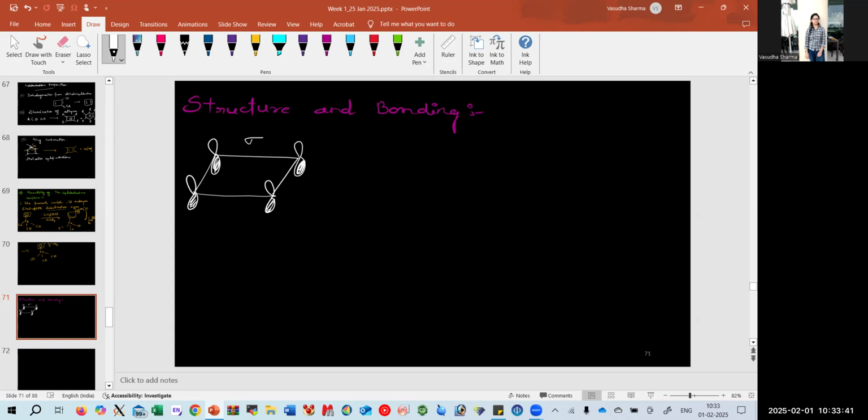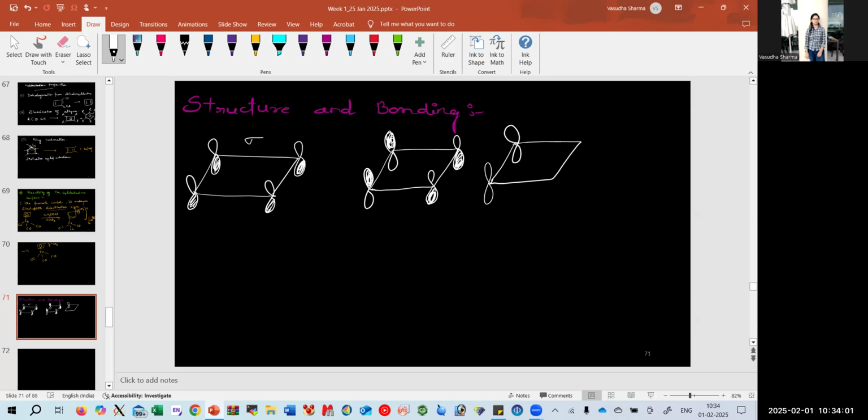Then we have these orbitals, four MOs we have in hand.